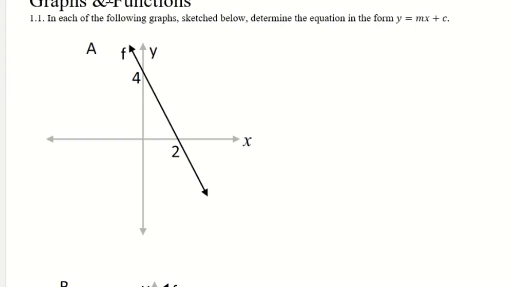We have already done some theory. So if we talk about the m there, can everyone see the m? The m there indicates the gradient. And if we talk about the gradient or the slope, I want to quickly take your mind to when you're walking uphill.